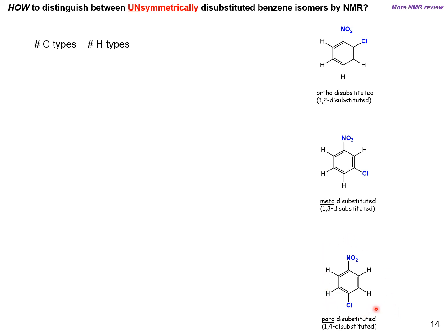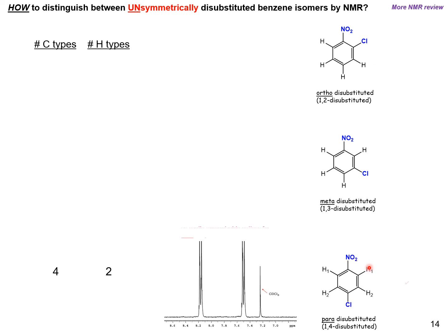And of the three, this is the most symmetrical. There is a line going right through the nitrogen, the carbon, this chlorine. One half of the molecule would reflect the other half, and therefore this would be the simplest looking one and the easiest one to pick out of the three. It would have two types of hydrogen and 1, 2, 3, 4 types of carbon.